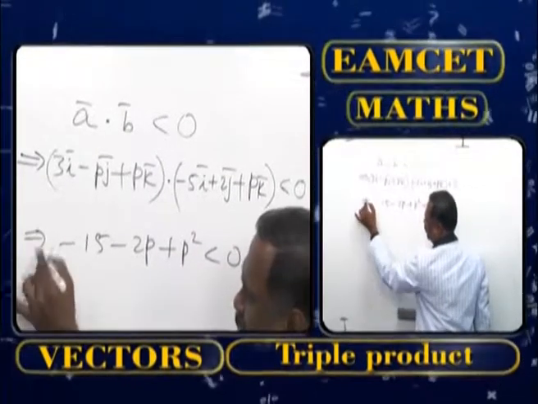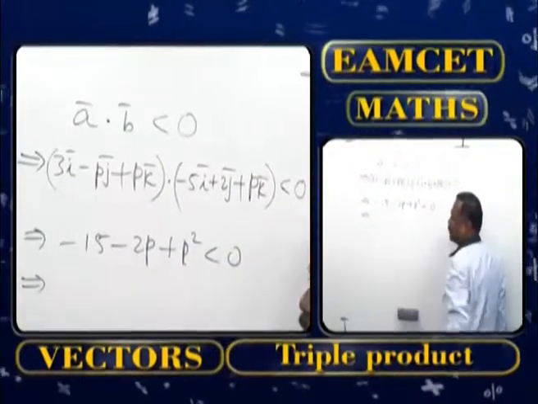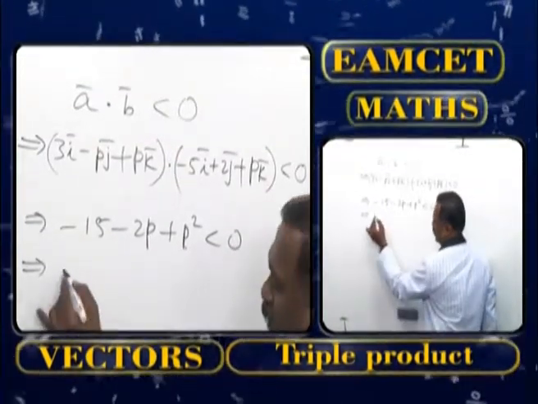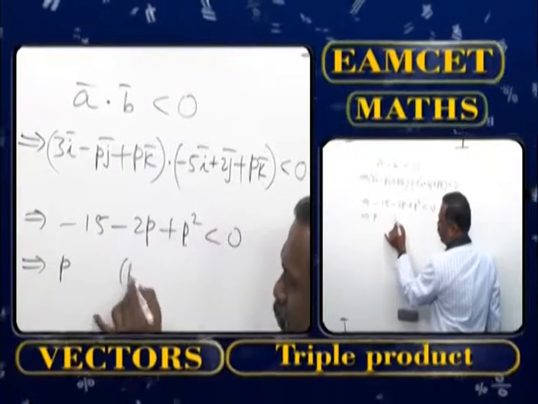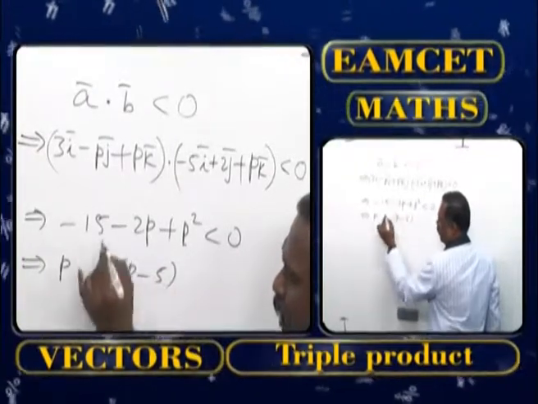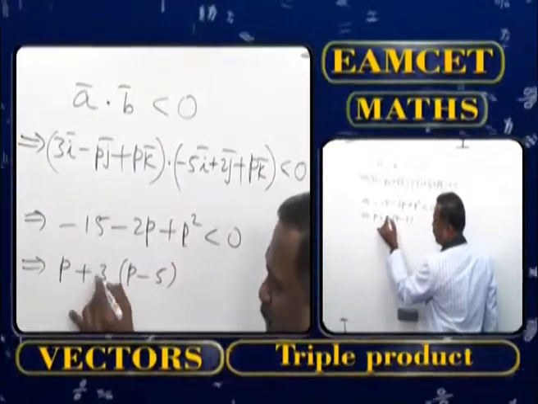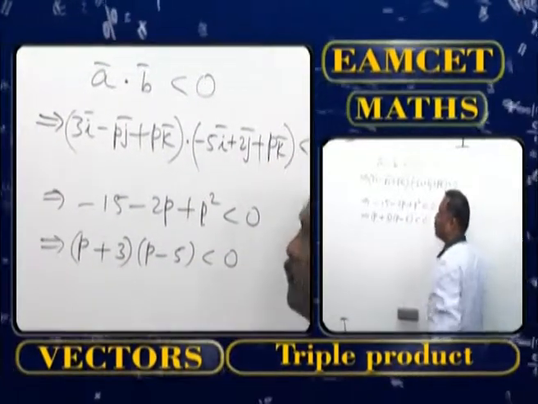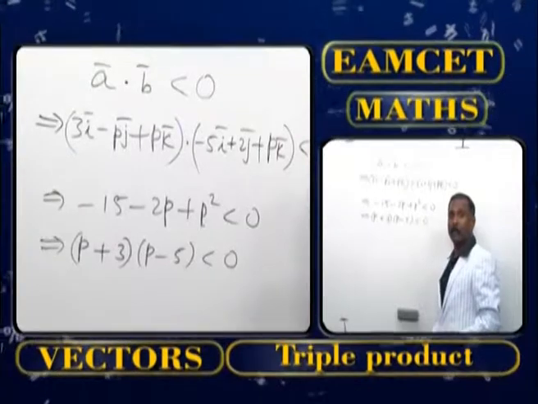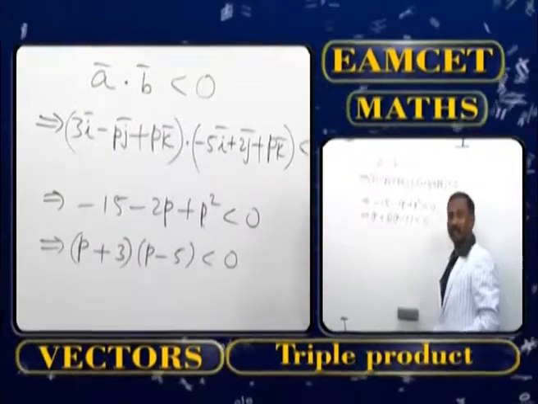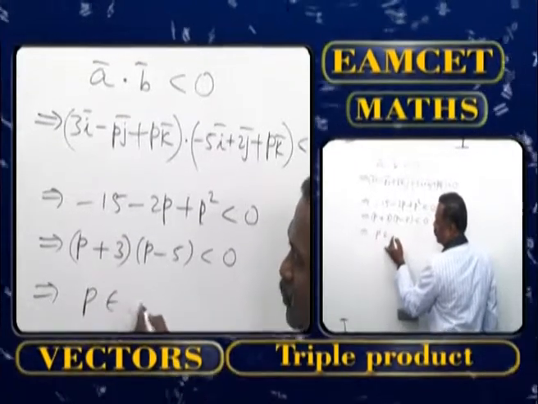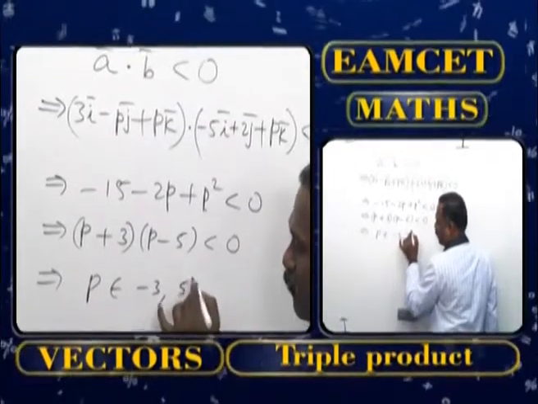What are the factors here? It is minus 15, so 5 into 3 is 15: p square minus 2p minus 15, which factors as (p plus 3) into (p minus 5) less than 0. When it is less than 0, p belongs to (minus 3, 5).